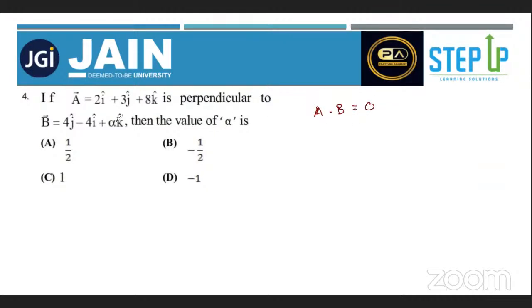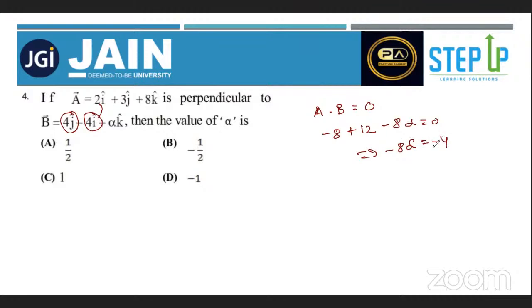Yes. So this is for j first. This is for i. This should be minus 8. Minus 8, plus 12. Minus 8 alpha equals 0. So minus 8 alpha is equal to minus 12 plus 8, which is 4.